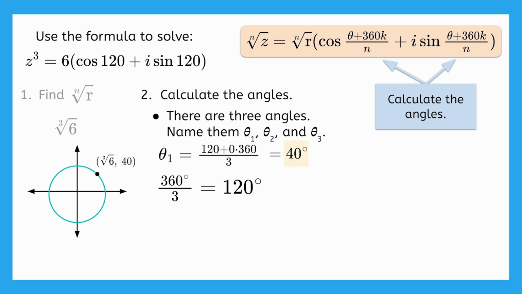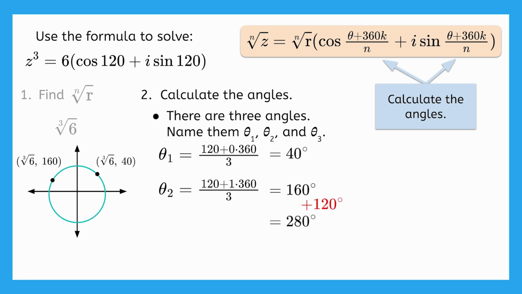Since our first root is at 40 degrees, theta 2 will equal 40 plus 120, or 160, which is the same thing you get by using the formula. For the final root, I'd take 160 plus 120 to get 280, or you might use the formula to get 120 plus 360 times 2 over 3, which is also equal to 280.